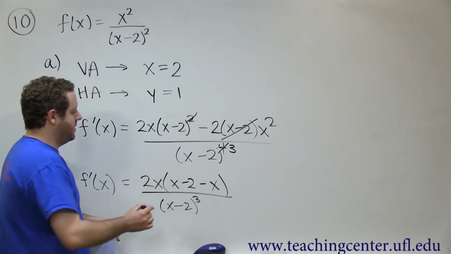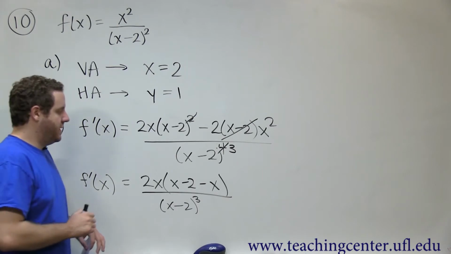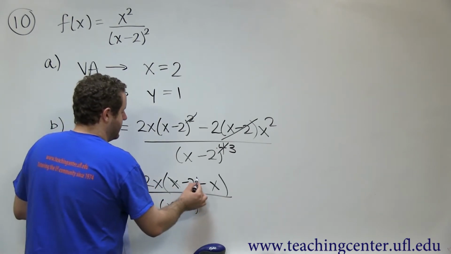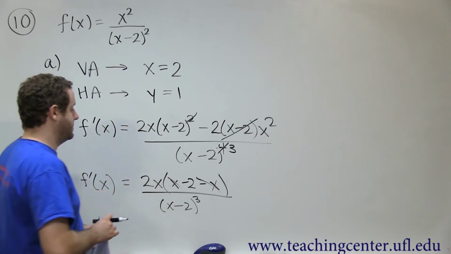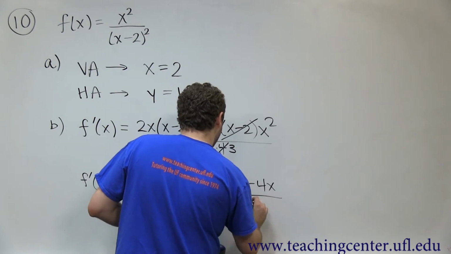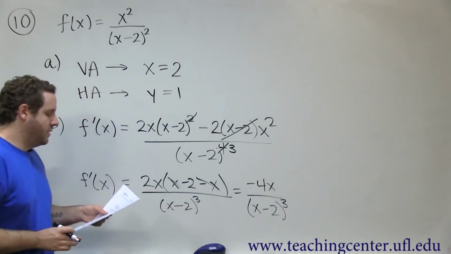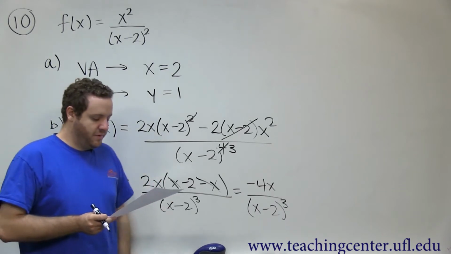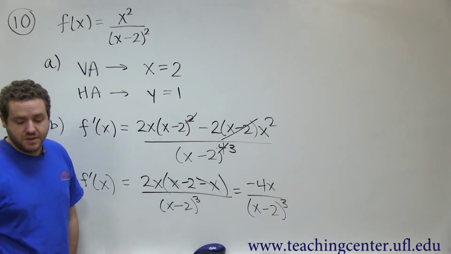You can see in our remaining parentheses, the x's cancel out, x minus x, and then we just have negative 2 times 2x. So in simplest form, this is negative 4x over (x minus 2) cubed. So that's our derivative.